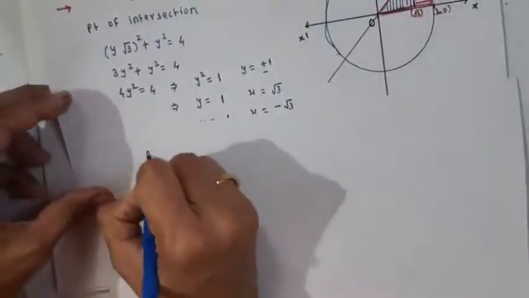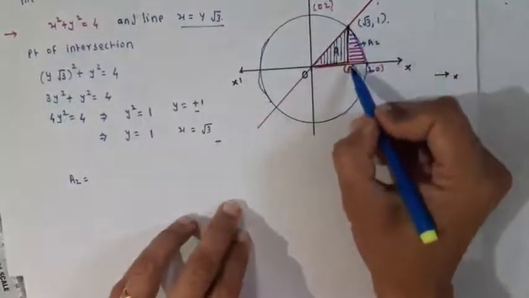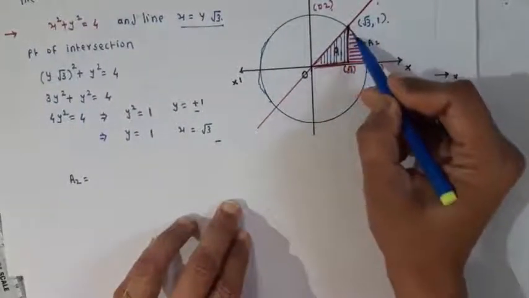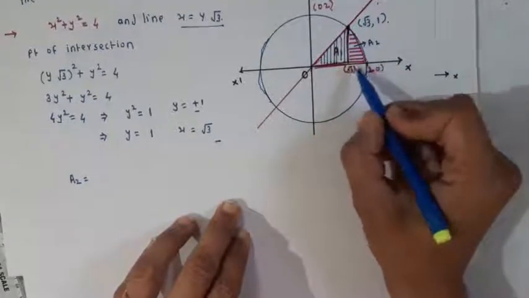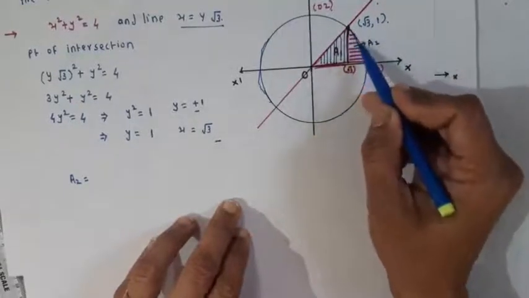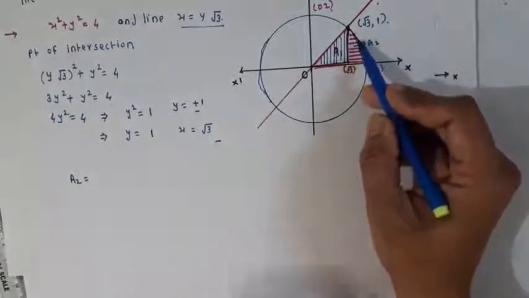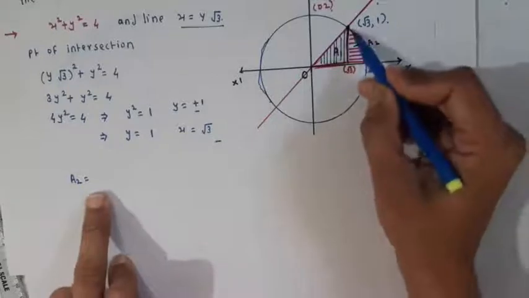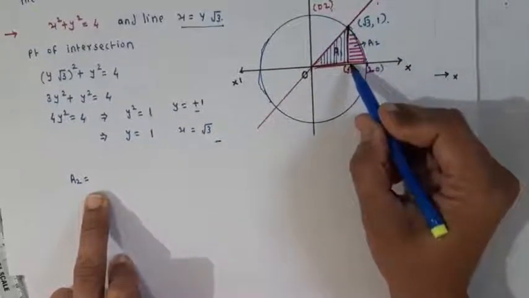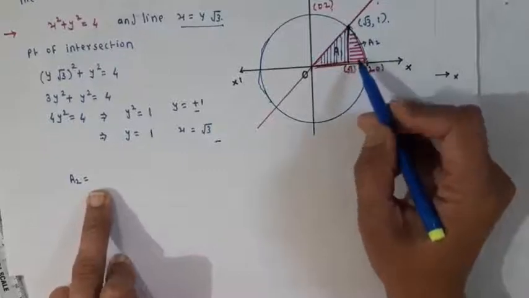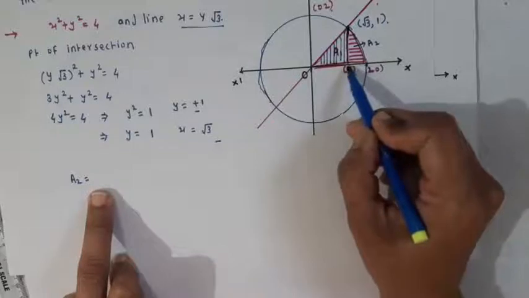So student, the A2 area means this much part, the area due to the circular curve. This area. Okay. And here this is the circular curve. Area A2 equal to the area due to this curve and the x-axis, from x equal to root 3 to x equal to 2.